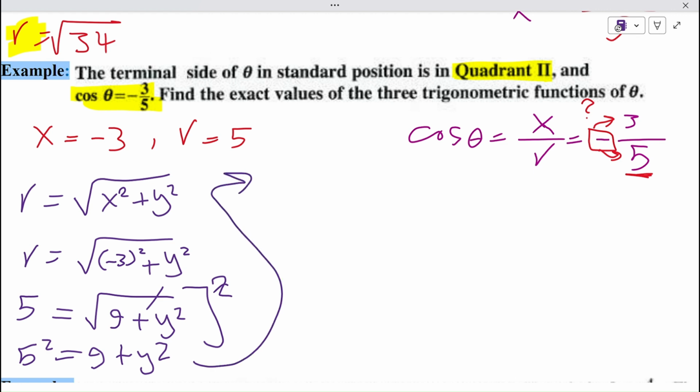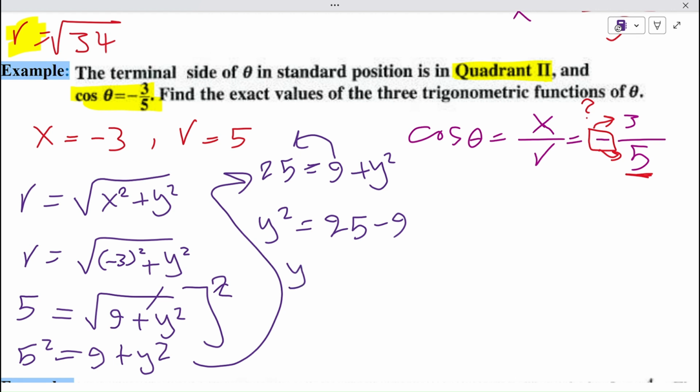Okay, 25 is equal to 9 plus y square. By putting this 9 here, y square is equal to 25 minus 9, which is equal to 16. This is square. By taking the square root, y is equal to negative or positive 4.